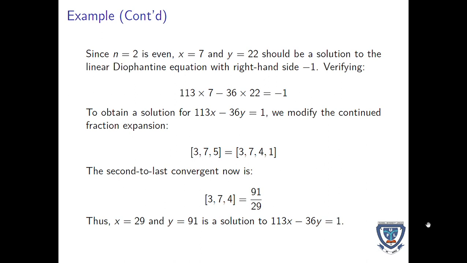From [3, 7, 5], we modify it to [3, 7, 4, 1]. The second to last convergent now is [3, 7, 4], which will now give us 91 over 29. Thus, x equal to 29 and y equal to 91 is a solution to the Diophantine equation.